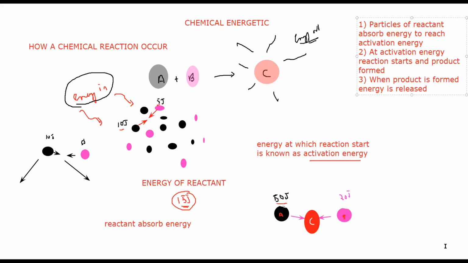Say you have A and B as the particles. A has energy of 40 joules, B has energy of 30 joules. Once they collide with each other, because for formation of a product they should collide, they bounce back.